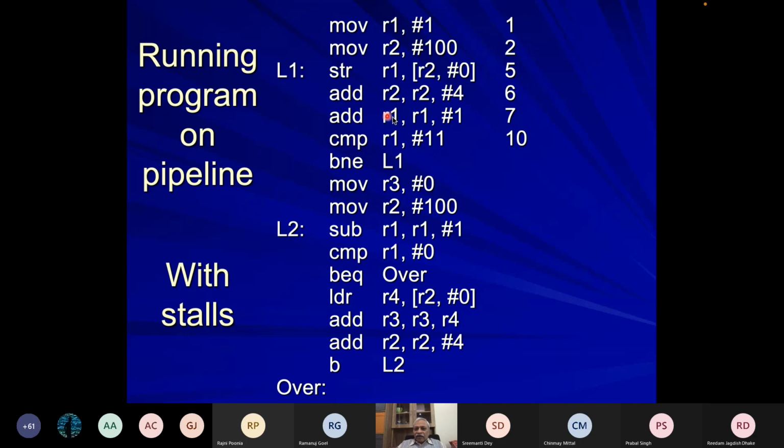You are updating R1 and then you're comparing R1 with some value. So there is a 2 cycle delay here. And then you are branching. So assume 2 cycle delay will be there. So instead of cycle 12, we'll start the next iteration at 14.